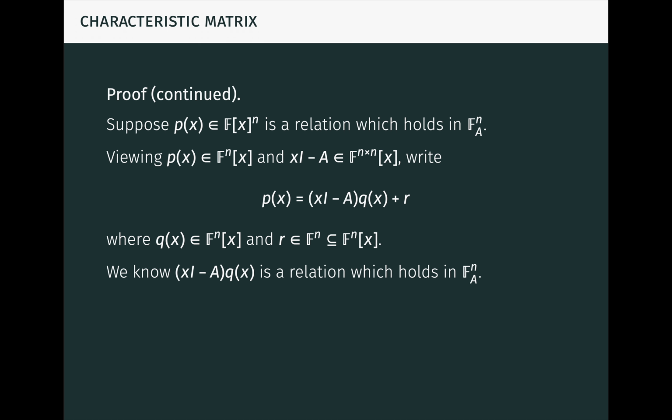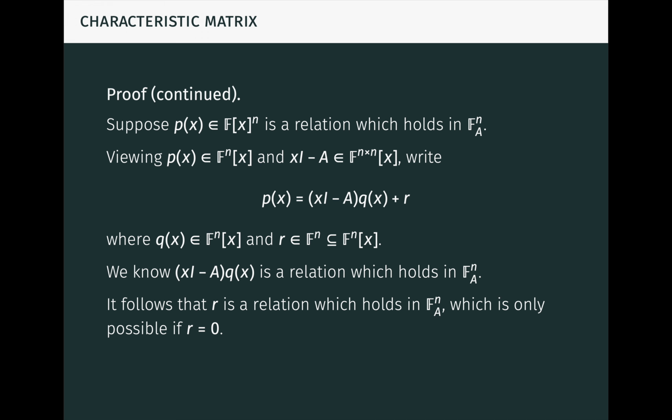Now, we know from the first part of the proof that (xI minus A) times q(x) is a relation which holds in F^n_A. Here we return to viewing xI minus A as a polynomial matrix, and q(x) as a polynomial vector, so that the product is a linear combination of the columns of the characteristic matrix over the polynomial ring F[x]. Since the columns are relations which hold in F^n_A, so is the linear combination.